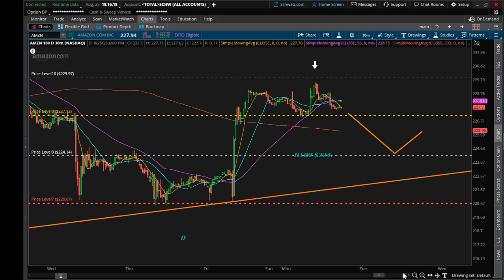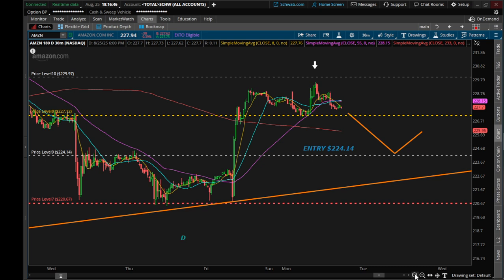And then 224 to 227, depending on your trading strategy, would be a target. I guess let's put 3 targets up there. Let's do that. I think that's the best.